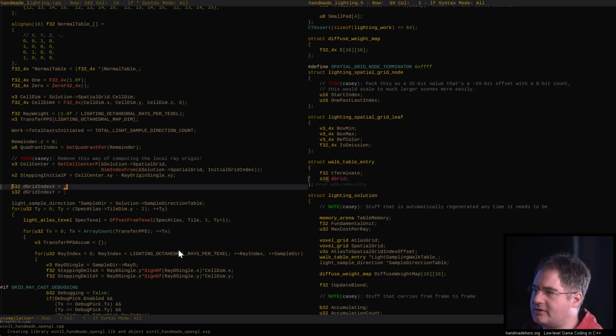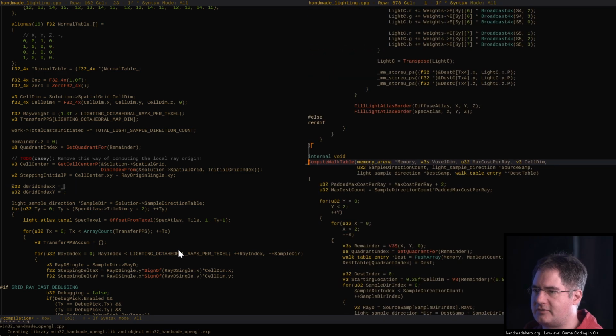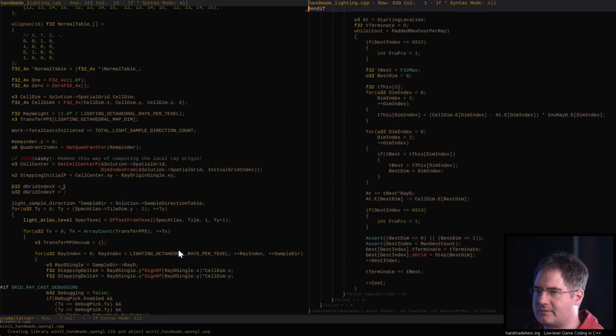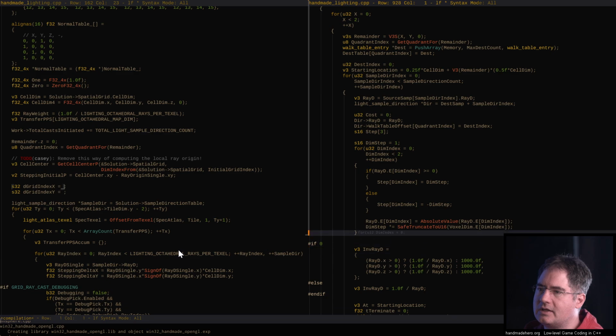So at this point, those values are just going to be whatever the actual span is. We know this from compute walk table, right? Whatever the actual span is, it's step best dim, right? That step value.